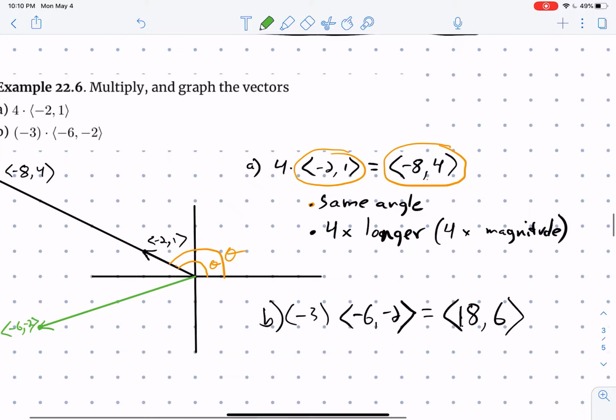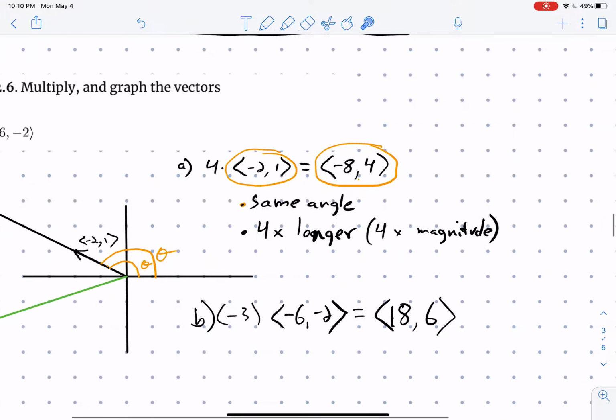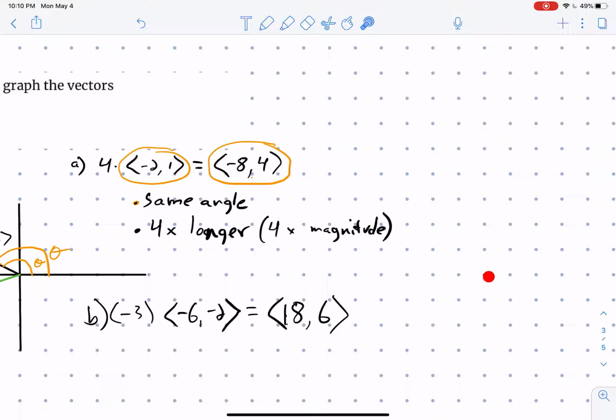And we're going to need to start here and go over 18. 1, 2, 3, 4, 5, 6, 7, 8, 9, 10, 11, 12, 13, 14, 15, 16, 17, 18, and then up 1, 2, 3, 4, 5, 6. It's that spot right there. So let's draw it in.